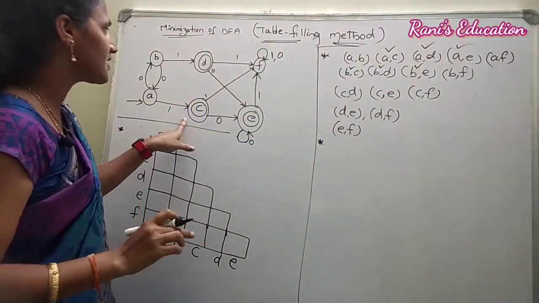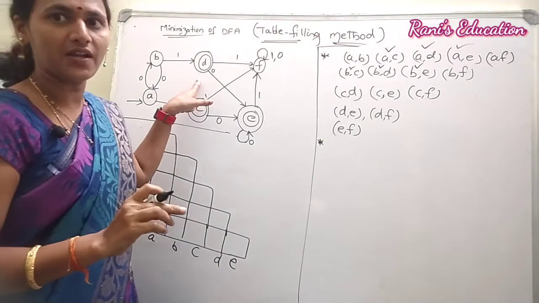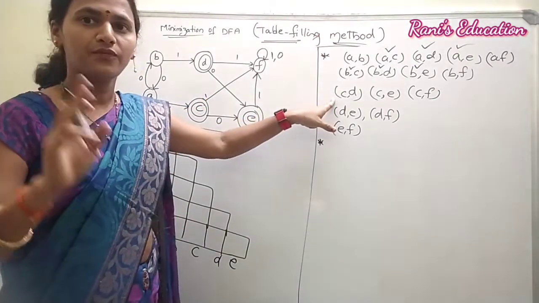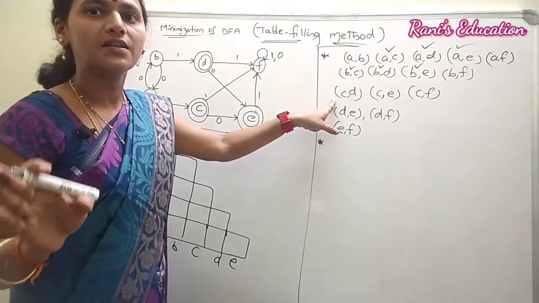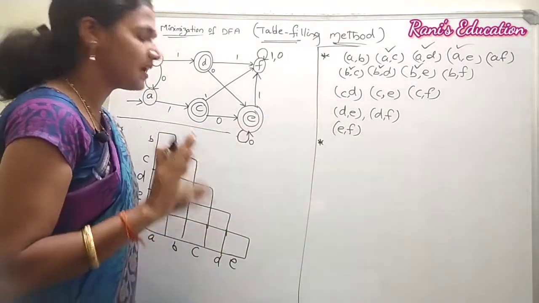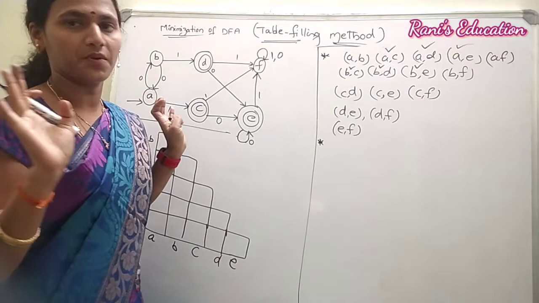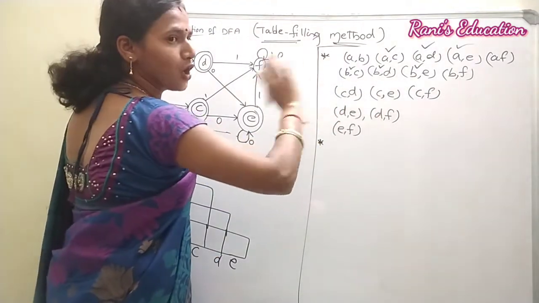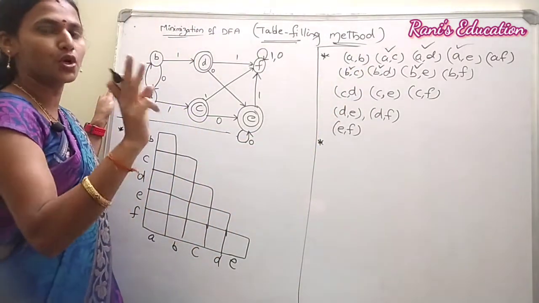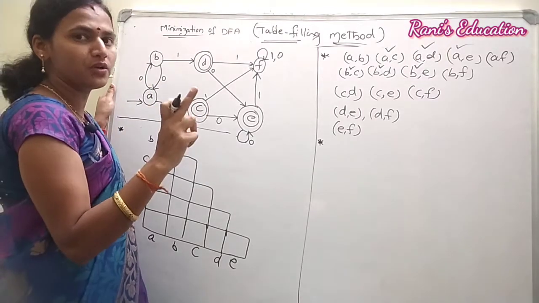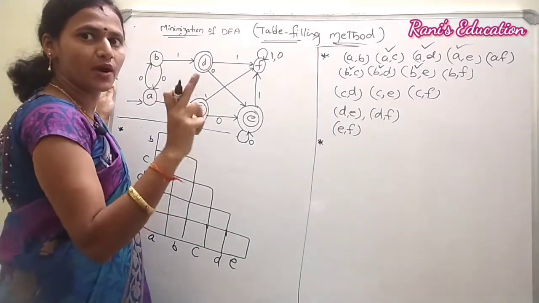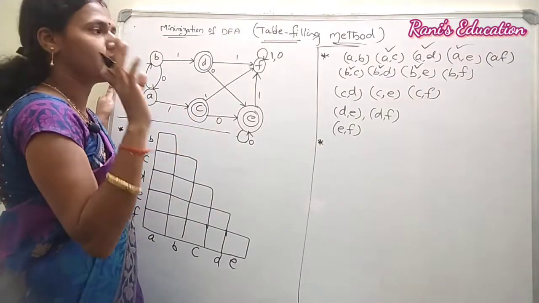Go for C. C is a final state, D is also a final state. If two states are both final, we should not mark such state pairs in the table, which is not possible. So CD, CE are not possible to mark in the table, though those two states are final. We have to follow the rule: in the state pair, one is final and another one is non-final.